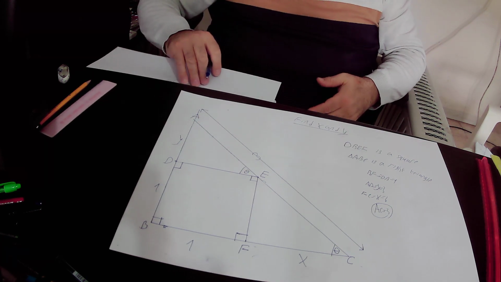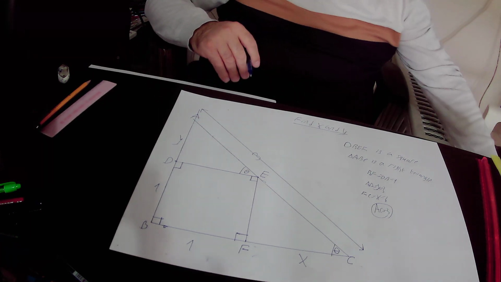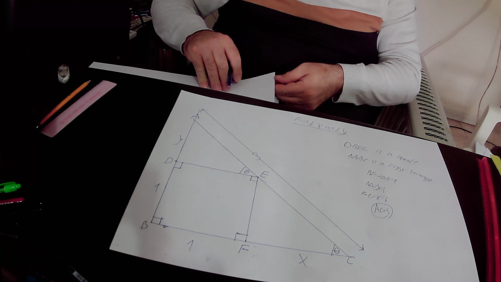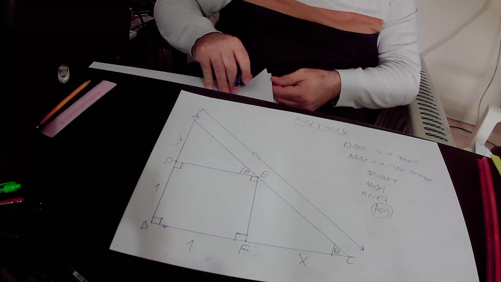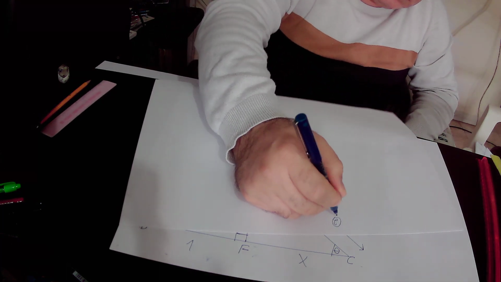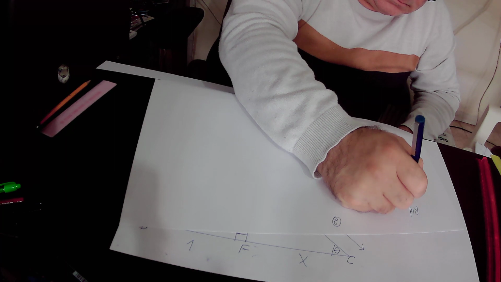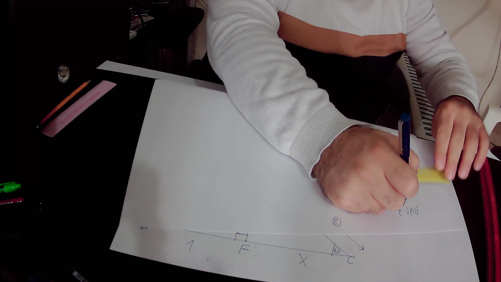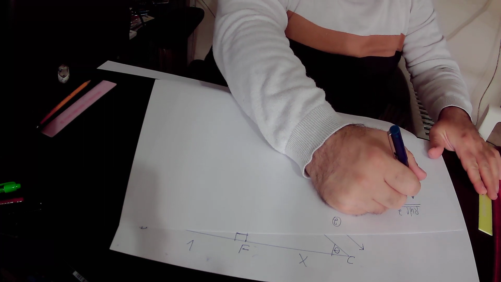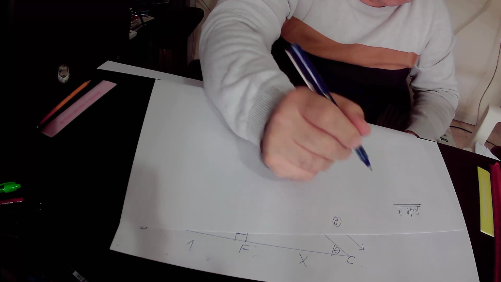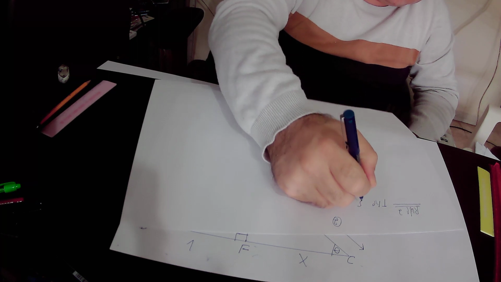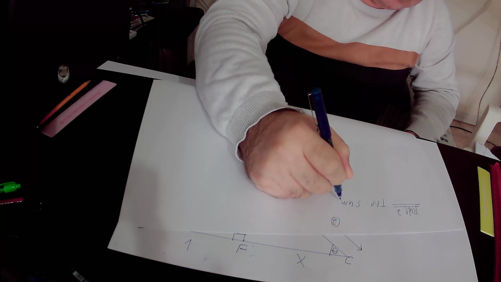In the next step I will present to you a new rule number 2. According to rule number 2, the sum of the angles on one side of a straight line is equal to 180 degrees.